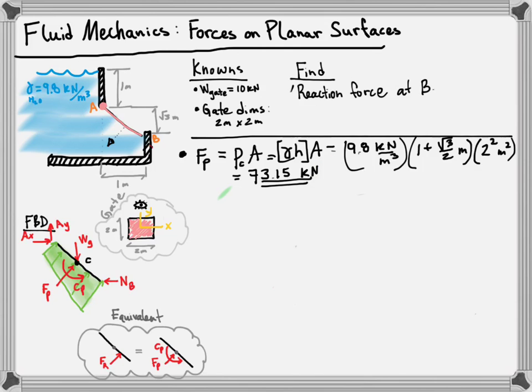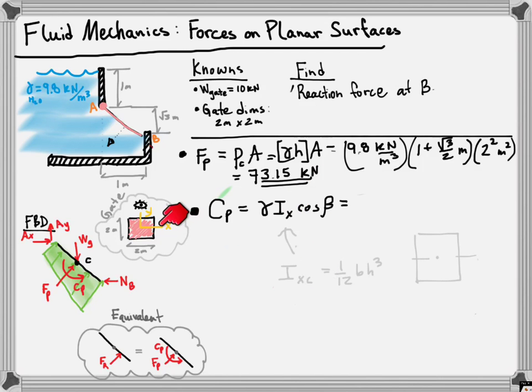All right, let's go to the next thing, the couple. So the couple we model as the specific gravity times the second moment of inertia times cosine beta. Okay, and so let's look at the details of that. And so the second moment of inertia for a rectangular object is pretty commonplace, and you can go look that up easily enough.